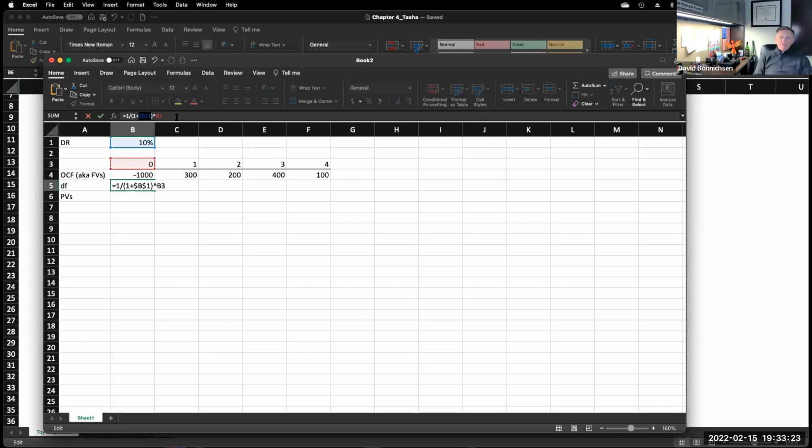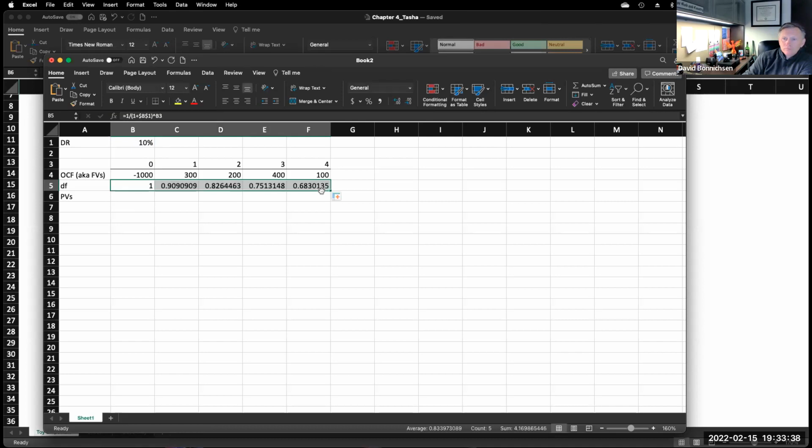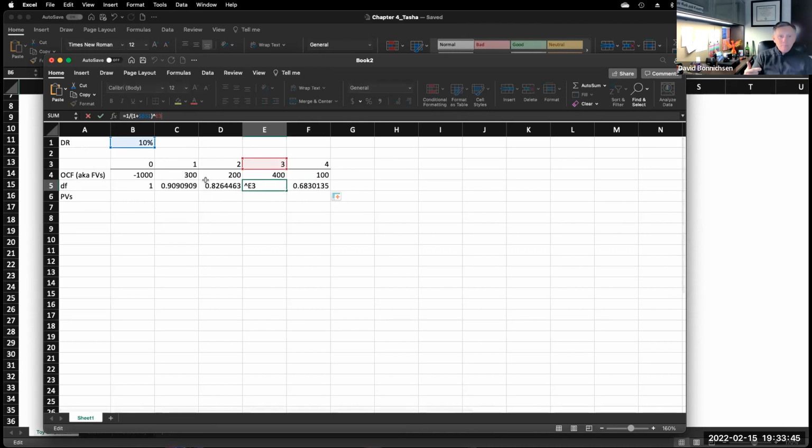But when I drag it, my time frame is going to change. So the time frame related to my discount factor is going to float based upon how I drag the formula. Out here in year 3, I'm still referencing 1 divided by 1 plus my discount rate, except now my exponent is year 3 because that's the year I care about.